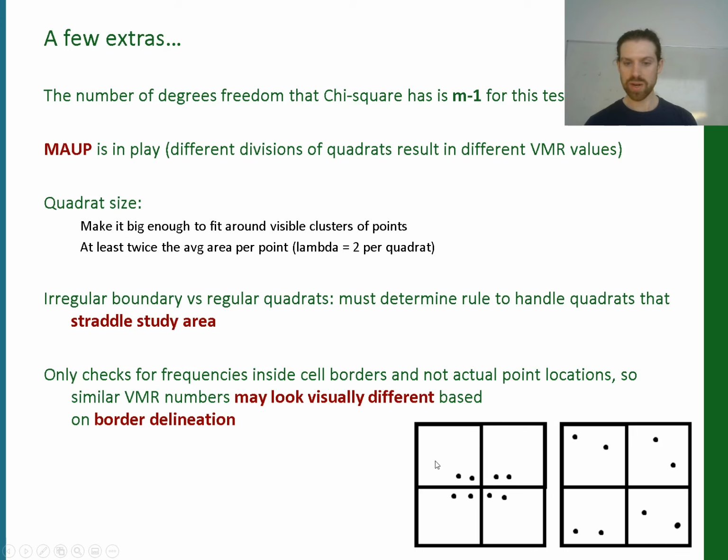What's important down here as well is it also identifies the fact that we're just counting the number of points within the quadrats. So these two here have very different spatial outcomes, but they would end up with the same results because they've got the same number of points in each quadrat. So that's quite significantly different from some of the other tests, maybe, which might be able to capture more of that nuance.